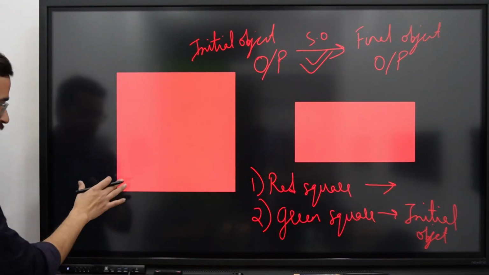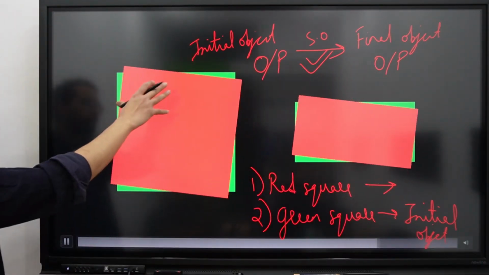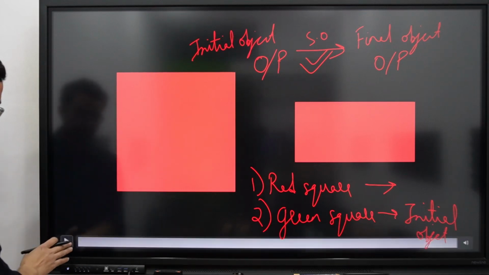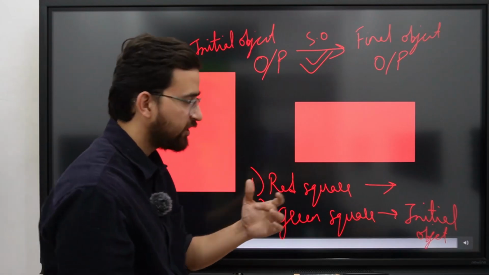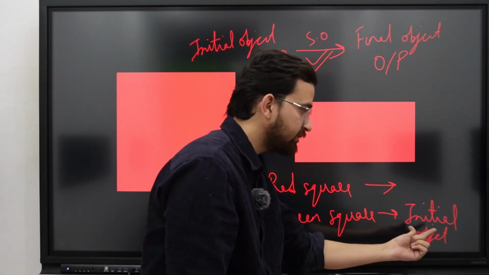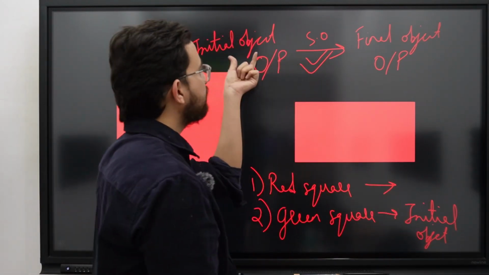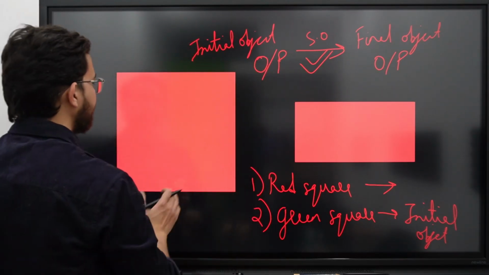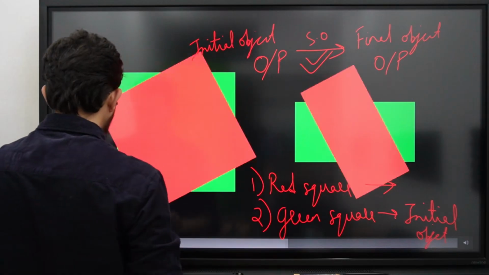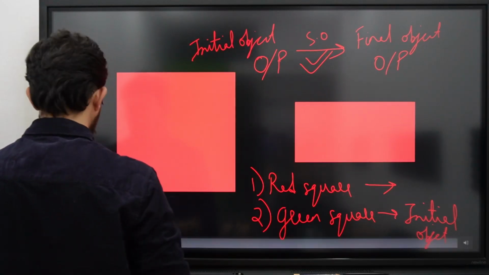Let us have a look. The green square is not rotating. Why is it not rotating? Because the green square marks the initial object, the initial orientation and position that we started with. And this is the red square that would appear as the final object.